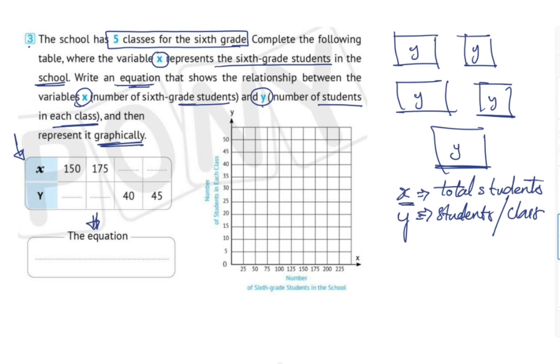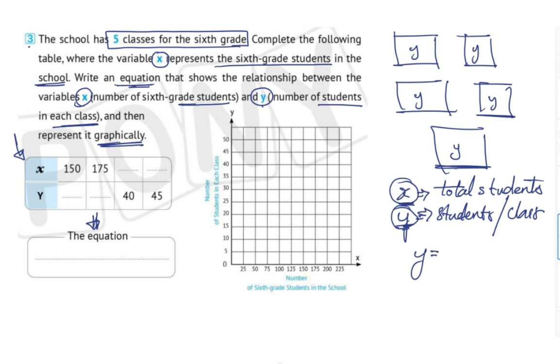So here, where is the independent and the dependent variable? Which one depends on the other one? Of course, the total students X is the independent variable and Y is the dependent variable. So if you write Y equals what?